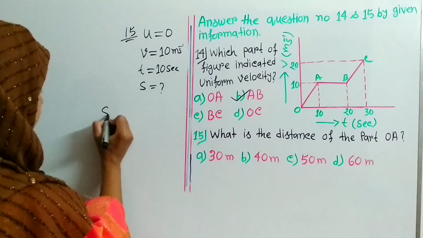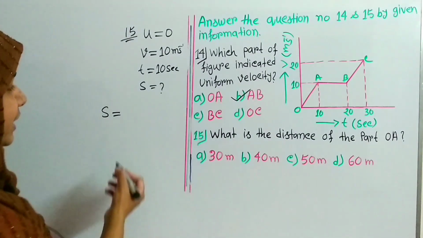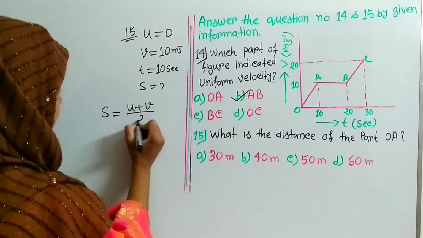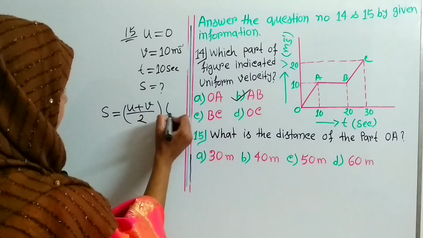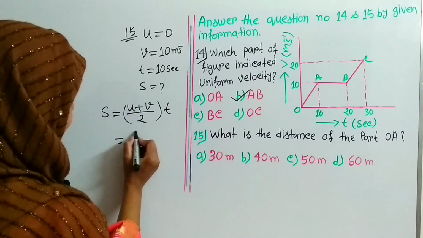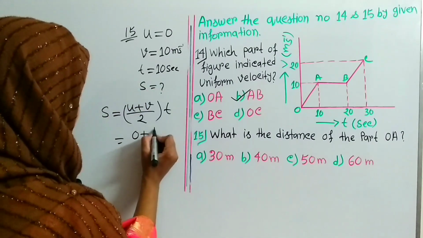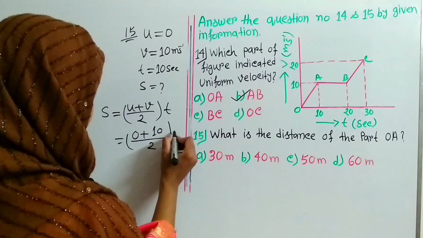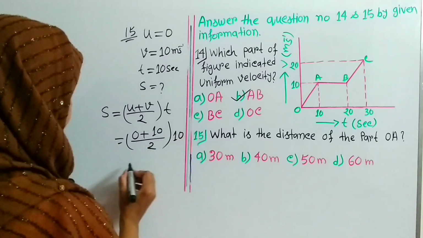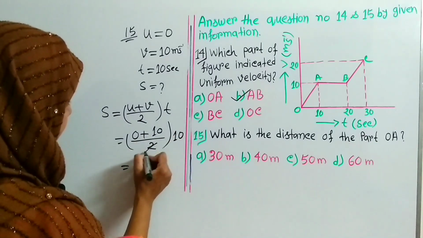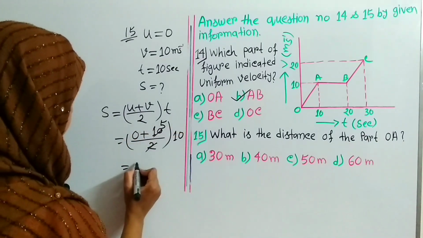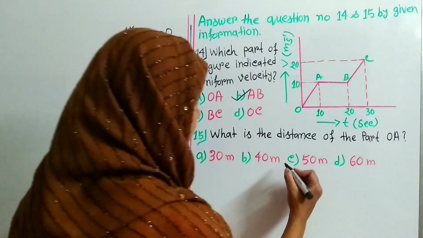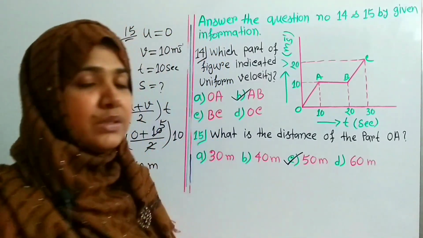And you know that for non-uniform velocity, s is equal to u plus v by 2 into t. Here u means 0, plus v is 10, divided by 2, and the time is 10. So after calculating it you will get the value 50 meter. So the right answer is option C, which is 50 meter.